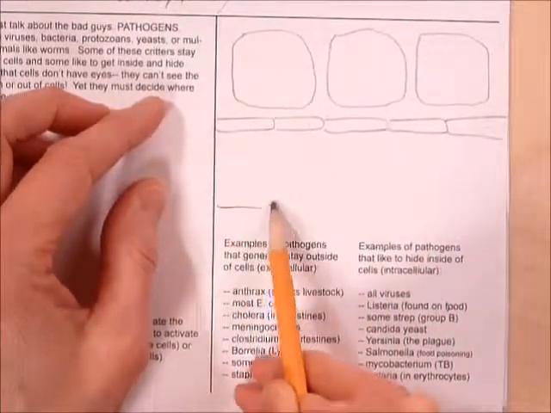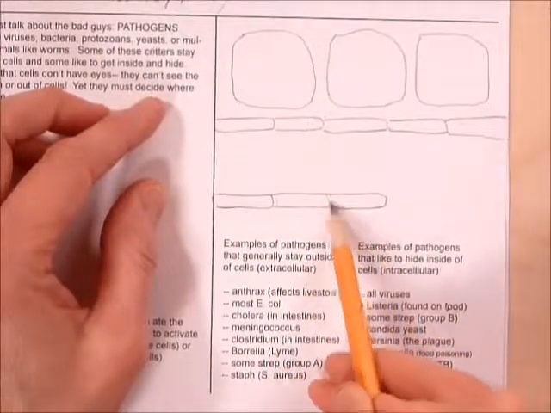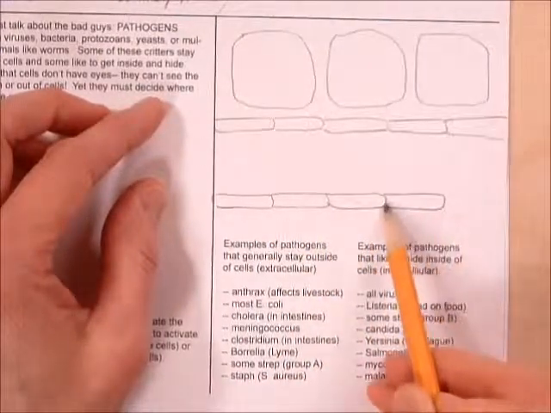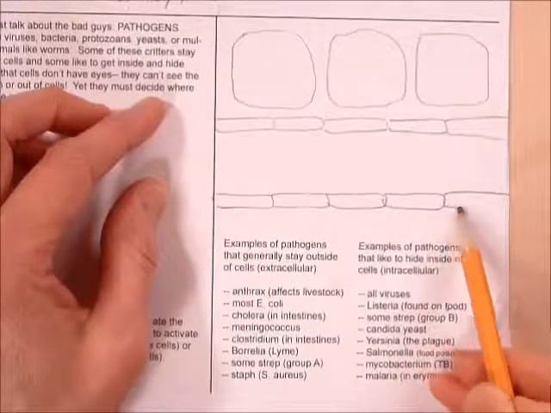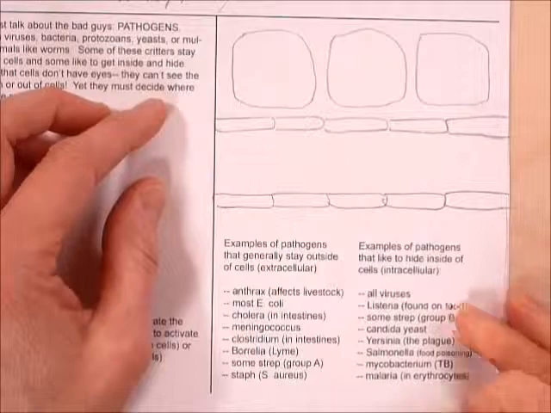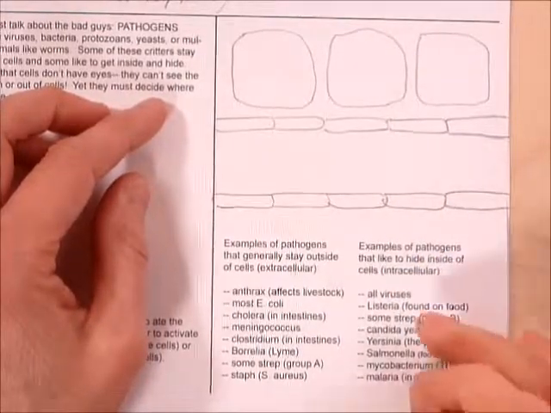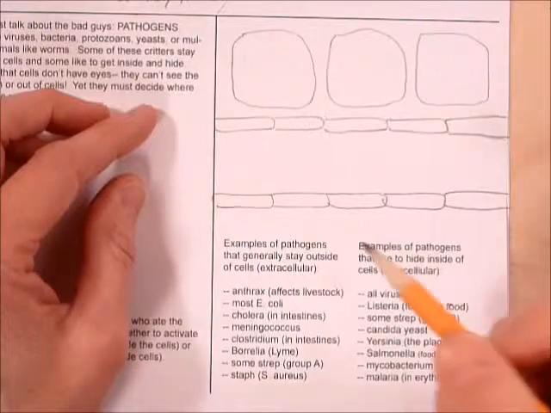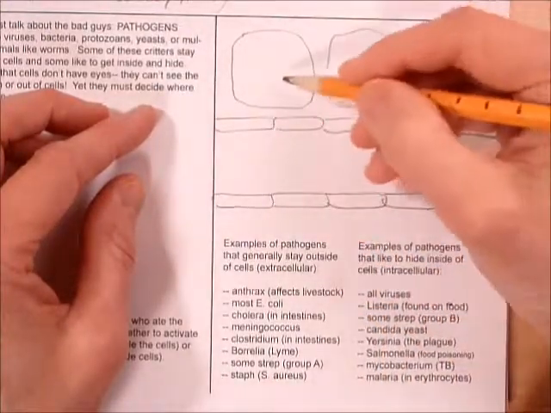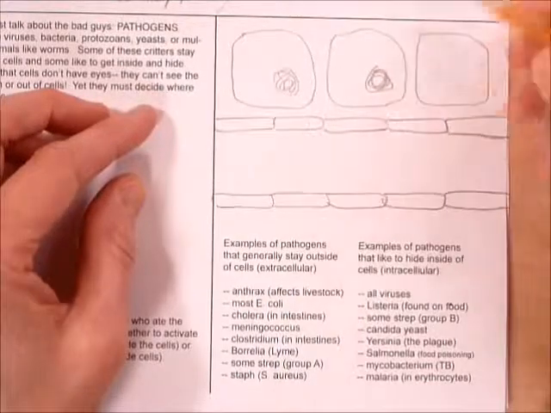Now, this is not an intensive study of pathogens. This is just a little aside, but this makes a difference where they are. And I got this from a medical school professor lecturing to medical students, and he made a big point of talking about this. So I thought, yeah, I think I'll put that in my lecture. Okay, so let's give them some nuclei here.